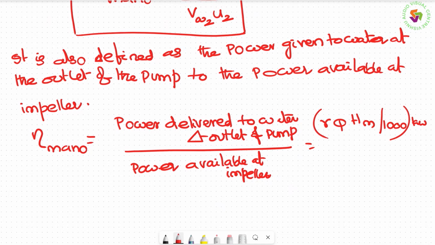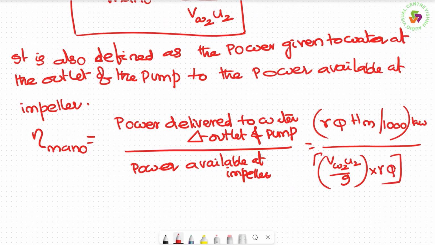What is the power available at the impeller? Vw2 U2 by g is what we have written as the head. Converting into work done or power, it is gamma into Q divided by 1000 to convert into kilowatts.